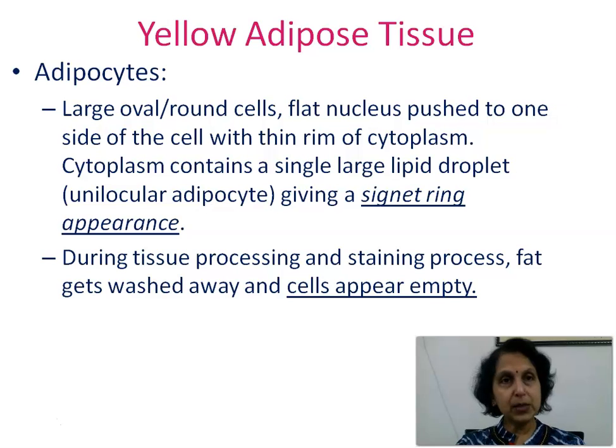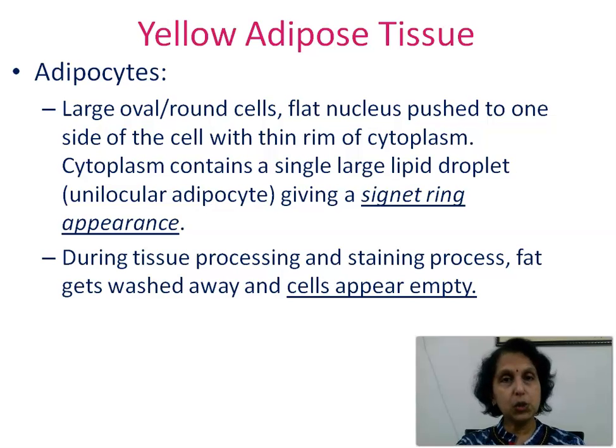The adipocytes here are large oval or round cells with a flat nucleus pushed to one side of the cell with a thin rim of cytoplasm. Cytoplasm contains a single large lipid droplet. Hence, these are unilocular adipocytes, giving a signet ring appearance.